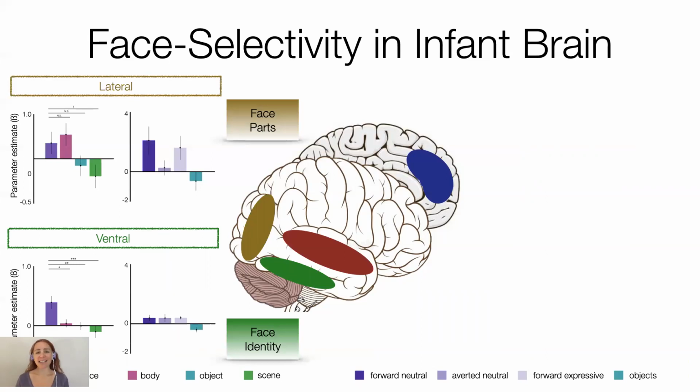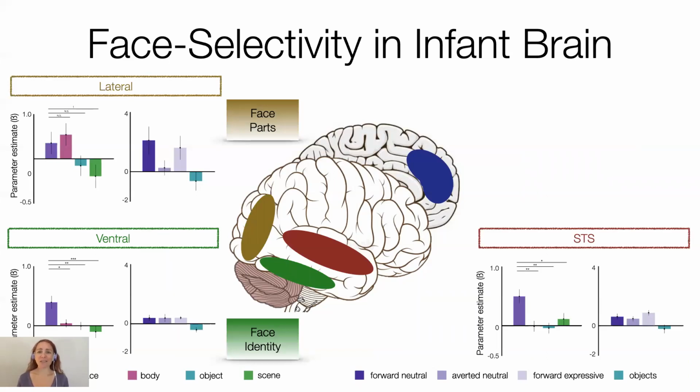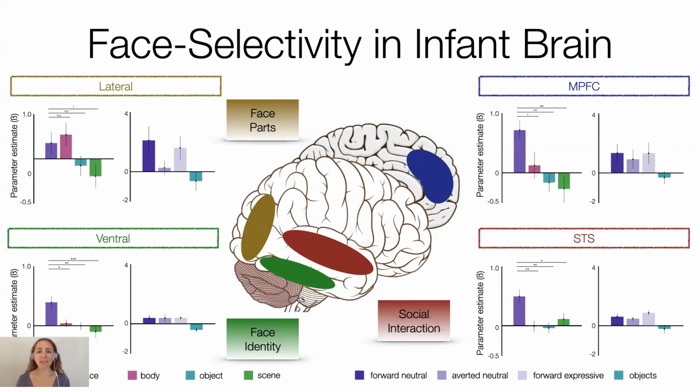In infant STS, we also observed a face selective response, but here, the region preferred dynamic, expressive faces compared to neutral faces, a response that is consistent with both the functional profile of adult STS and previous infant research using fNIRS. Finally, infant MPFC is also face selective, but here, the response to any face is high, with a slight preference for faces with a direct gaze, a functional profile that is also consistent with the proposed role of MPFC in social partner selection.